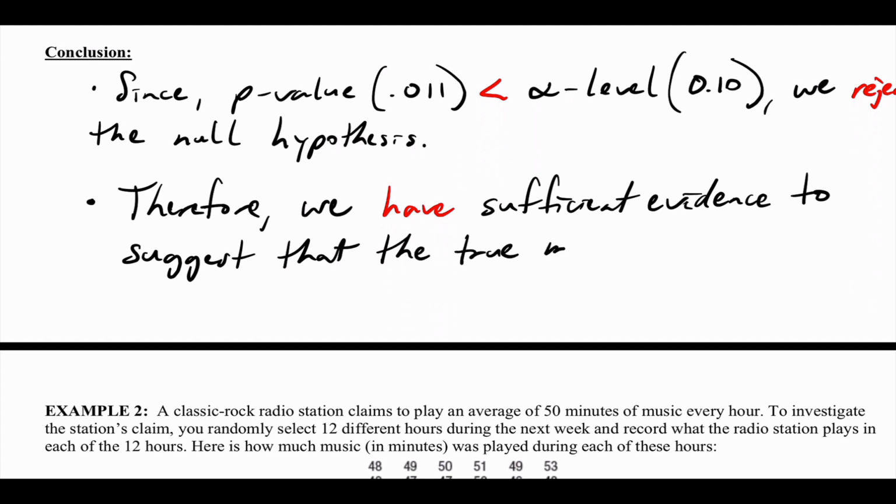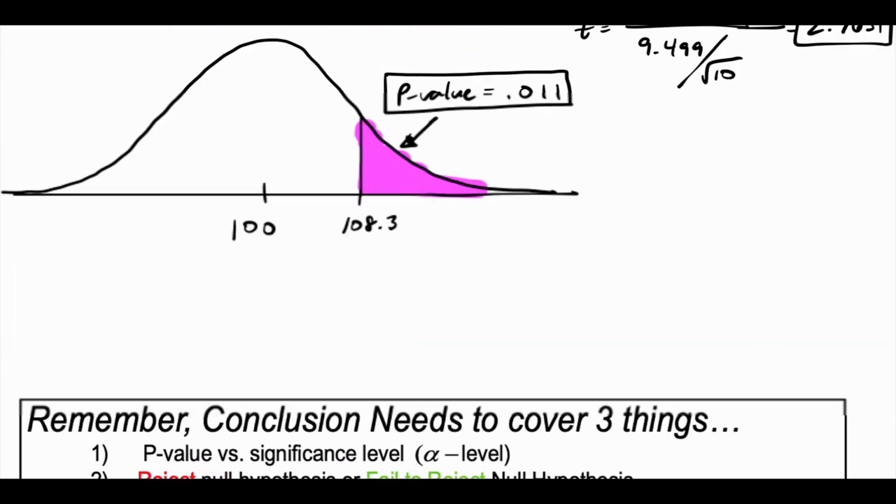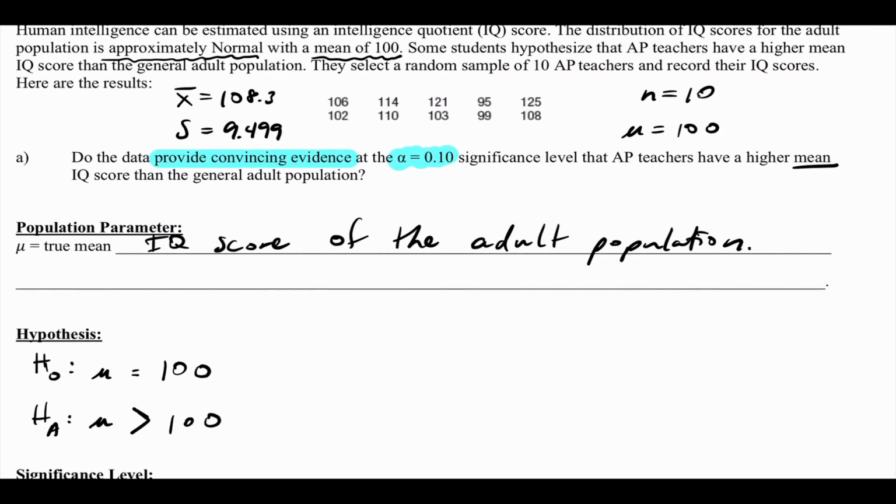The true mean IQ score for AP teachers is greater than 100. If we were to put "for the adult population," we didn't answer the question, right?